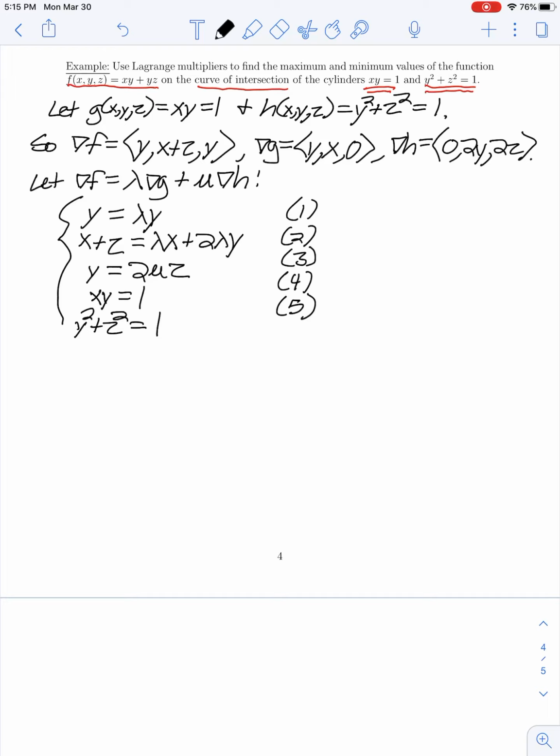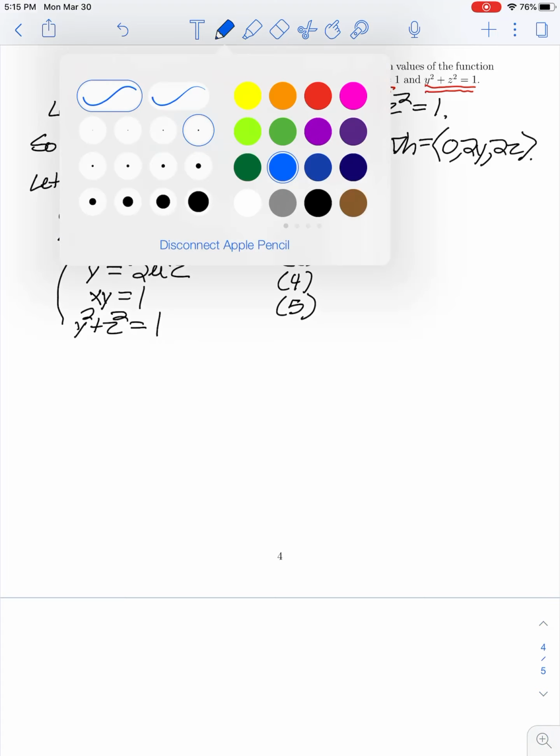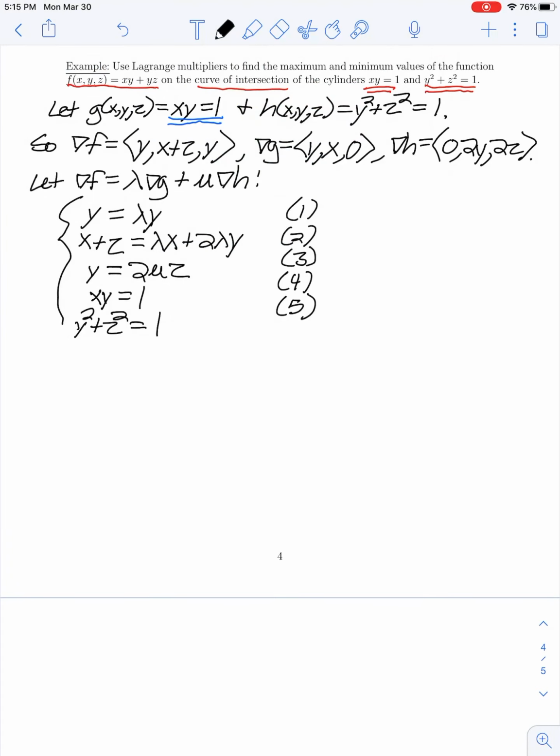Now using our first equation, we see that y has to equal either 0 or lambda is equal to 1. Now we know, looking at our first constraint equation, that y cannot be equal to 0. Otherwise, it does not lie on the curve xy equals 1.